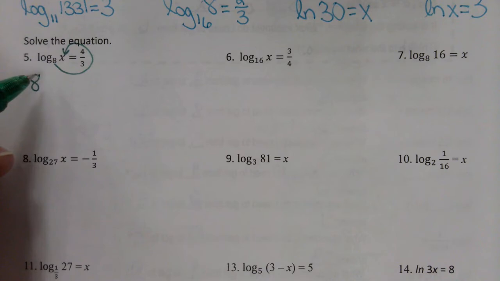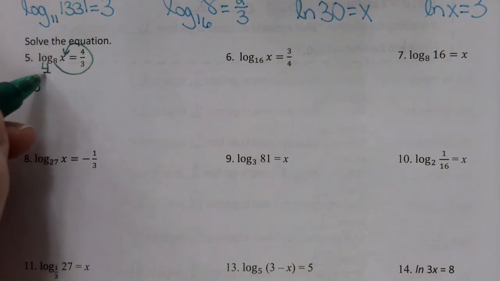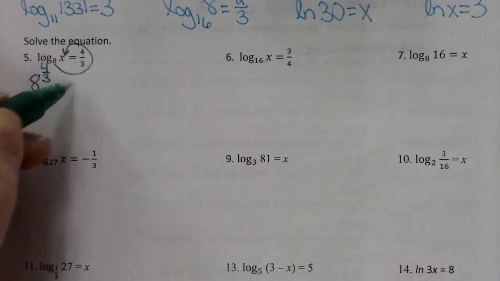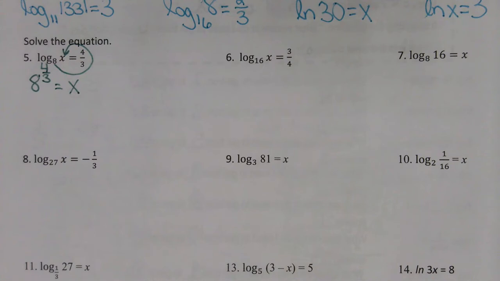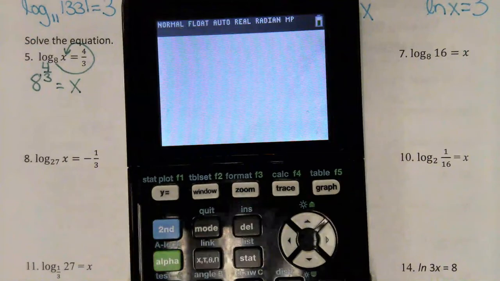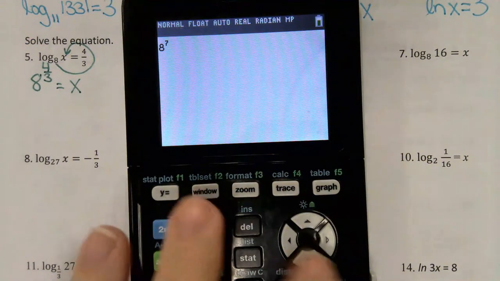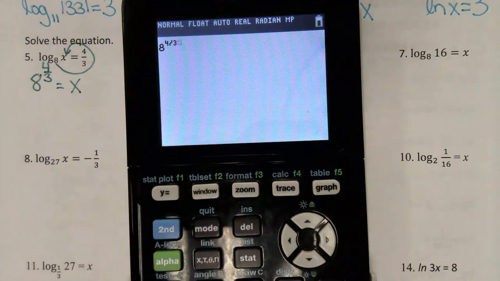The exponent that we're going to use is 4/3, and the number we're trying to get to is x. And you can see that once we switch it to exponential form, all we need to do is type into our calculator. So 8 to the 4/3 gives me 16.